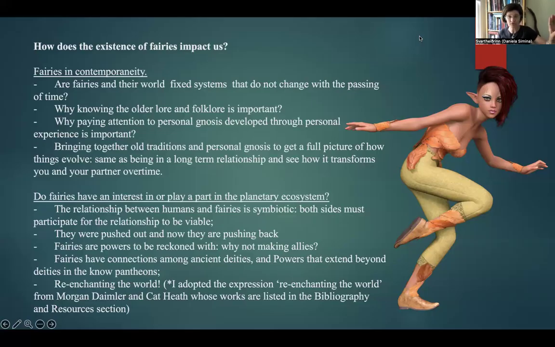There's not a relationship. There are also situations in which fairies are tugging at certain people, or people in general, to have a relationship or collaboration for whatever purpose, and the humans are not interested or not responding. So again, that cannot be a relationship. Each party must contribute to the relationship.